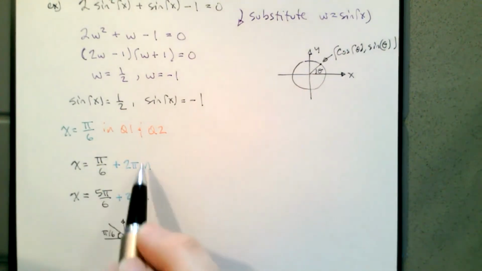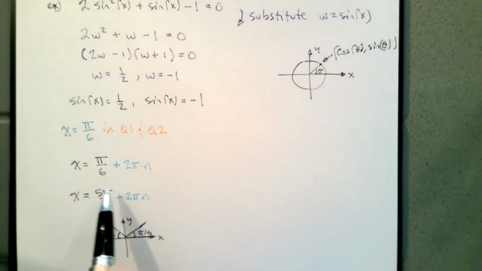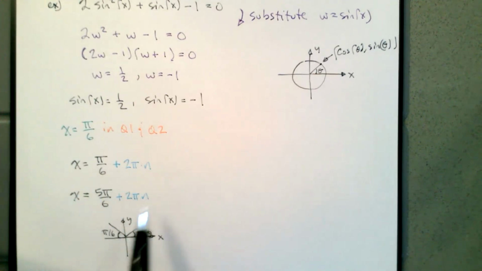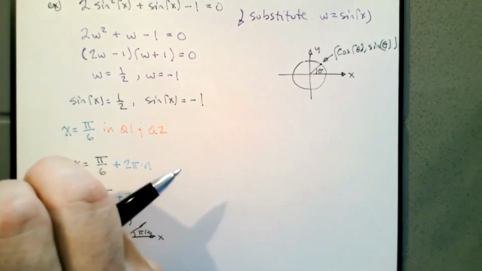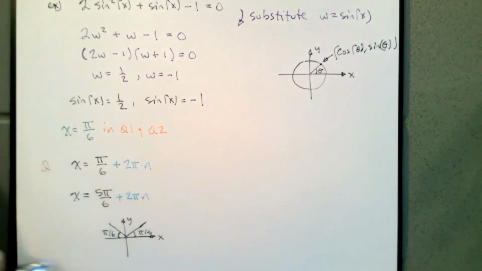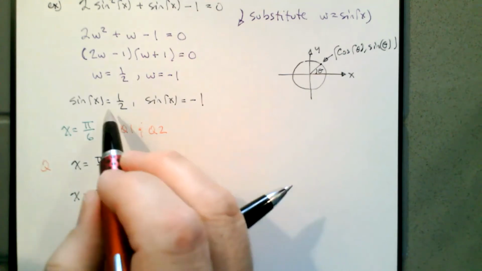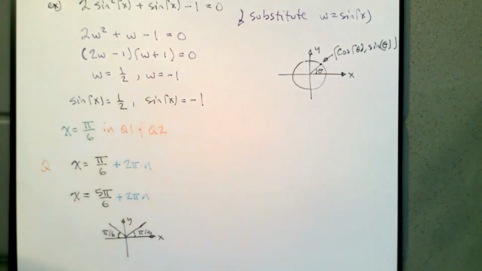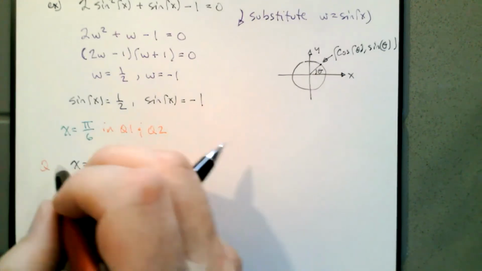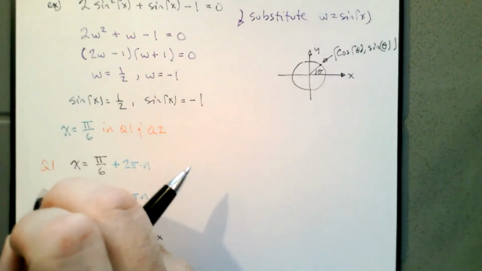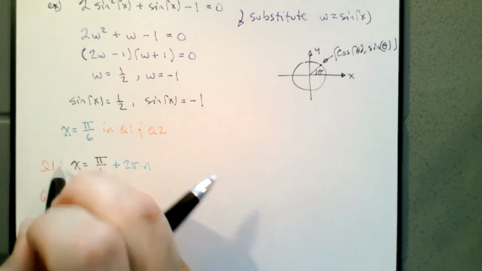That's my quadrant 1. And I also have to get 5 pi over 6 plus 2 pi n. That's my quadrant 2. And you're going to do the same thing for sine of x equal to a negative number, so it would be 2 other quadrants. Yeah, if I had sine of x equals negative 1/2, then I would be using quadrant 3 and quadrant 4. Here's my quadrant 1, and here's the stuff from quadrant 2.